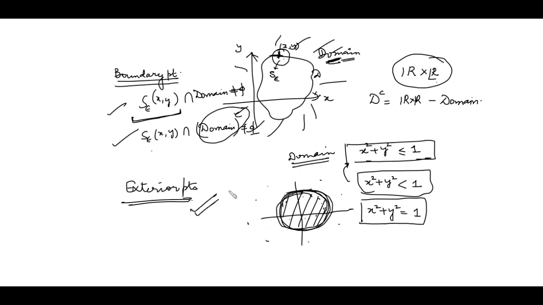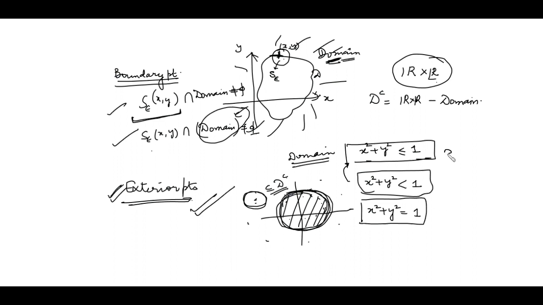Meaning the point is outside the domain, and when you consider any open disk around it, it is completely contained in the domain complement, right? Or you can say the point which is neither interior nor boundary will become an exterior point of the domain set. So these are interior points, boundary points and exterior points of the domain.